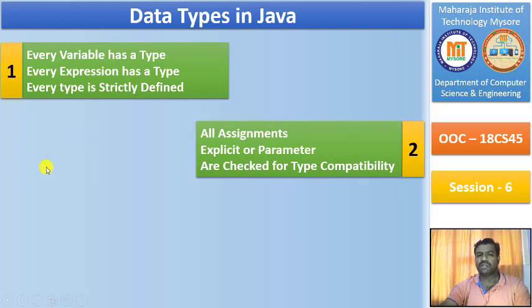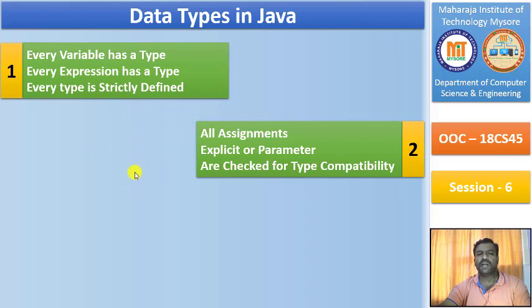The second property is that for all assignments, whether explicitly mentioned in any arithmetic form or passed as a parameter to any function, inbuilt function or API, Java is going to check for type compatibility. That is what strictly defined means, and for this reason every type you use goes under the scrutiny of its compatibility. So when I say data type, it is not as casual as in C and C++.